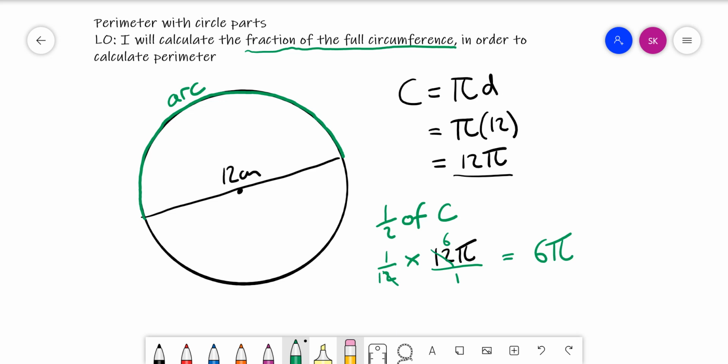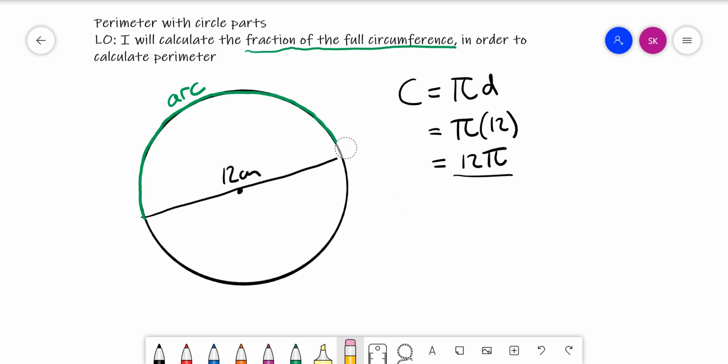Now what about if we were dealing with just a quarter? So if I wanted to find the length of the arc that was only a quarter of the circle, how would I find that? Pause the video and have a go. Well, again, we're looking at this strategy over here. We calculate the fraction of the full circumference.